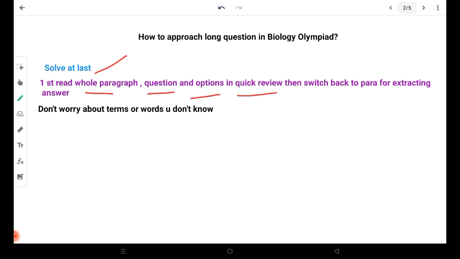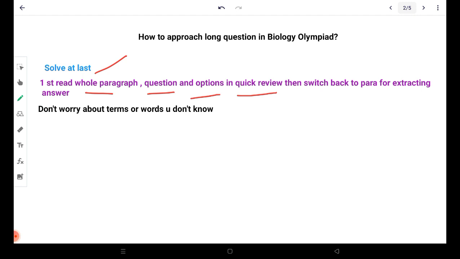Many times we start to think, I don't know this word, so it will be quite difficult to solve the question. In most questions, you have to use your basic knowledge, and even if you don't know the terminology given in the question, you can solve it. I will give an example. So two pieces of advice: first, solve at last; second, first take a quick overview of all the questions and options, then come to the paragraph.